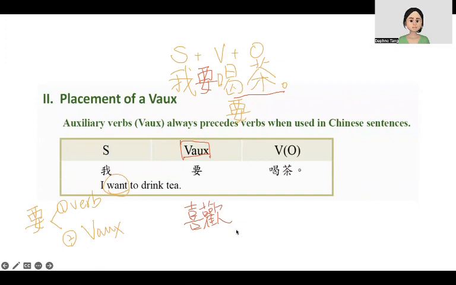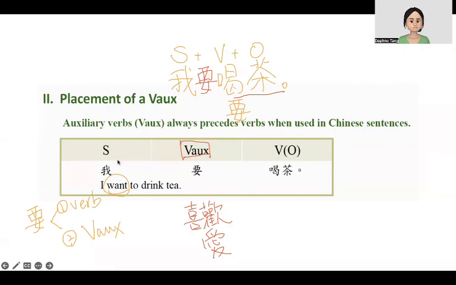It means I like to drink tea. The other auxiliary verb we learn is 爱. You can say 我爱喝茶. It means I love to drink tea.